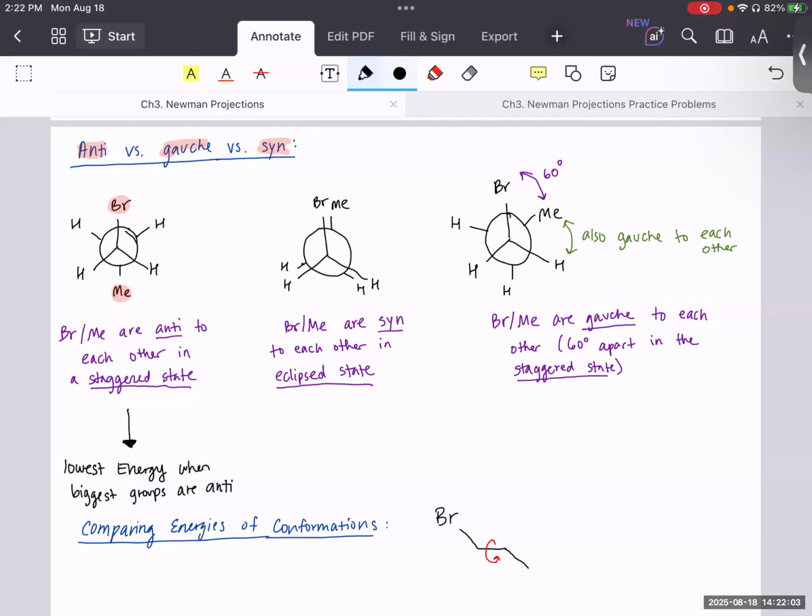When we have the two biggest groups syn to each other, this is the highest energy conformer. And gauche is just a term used to describe the relative orientation of two groups, so it can correspond to really any intermediate values that you would get.